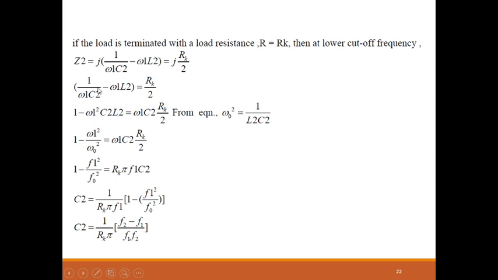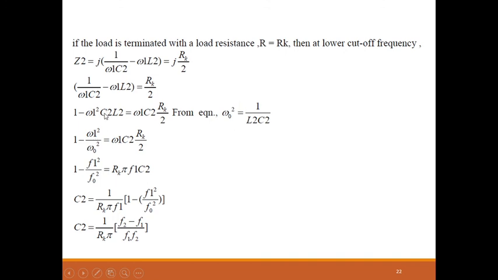So we are making the cross multiplication and the simplification, and we are shifting the omega 1 C2 from the LHS to the RHS. So 1 minus omega 1 square C2 L2 equal to omega 1 C2 Rk divided by 2. From the equations, omega naught square should be equal to 1 divided by L2 C2.